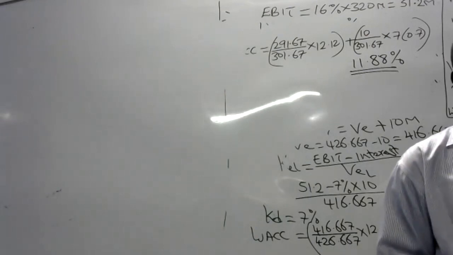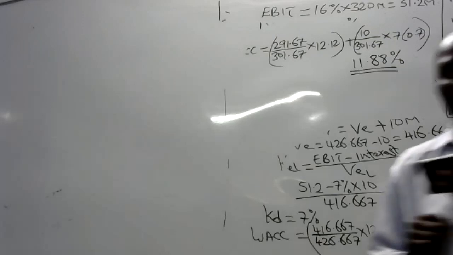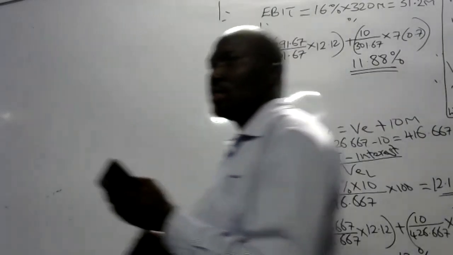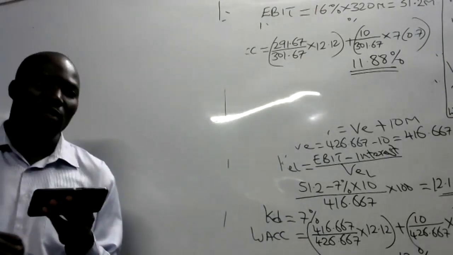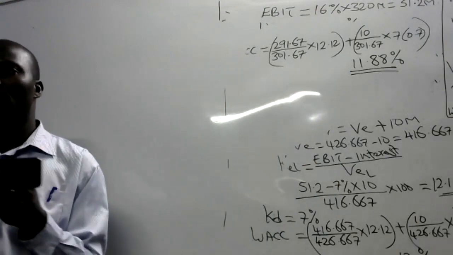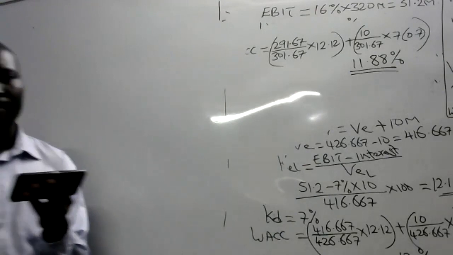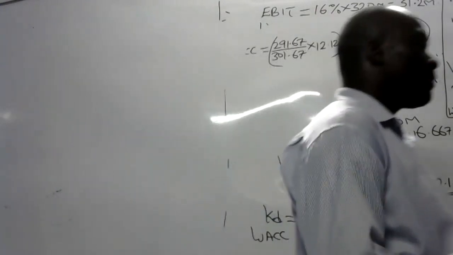The corporate tax rate applicable is 30%. When you see a tax rate, you think about what? MM2. It is not always that the examiner will tell you to use MM2. He just says using MM. You fill it in yourself. As long as there is corporation tax, think of MM2.